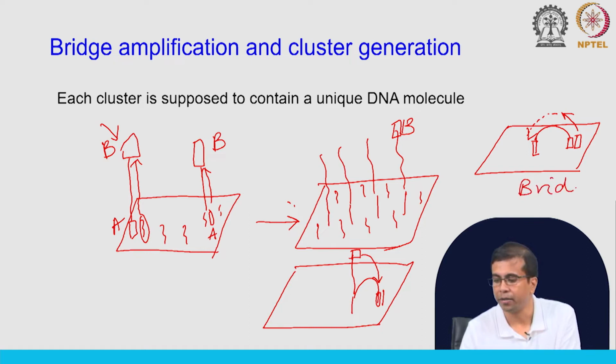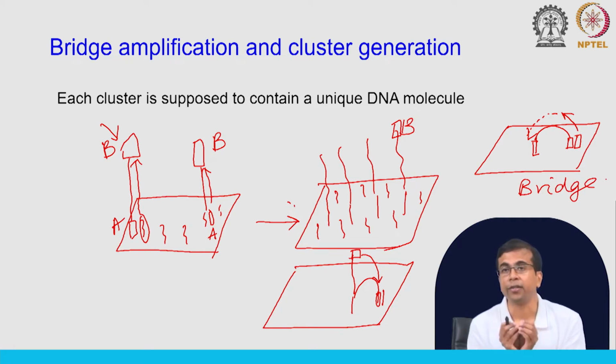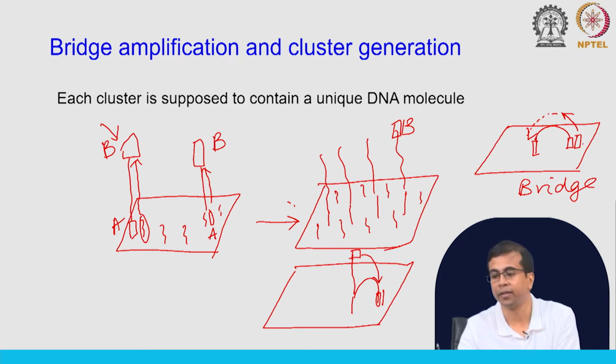Because you have this bridge-like structure, this is called the bridge amplification. The idea again is to generate multiple copies of the same clone. So, you can imagine now this happens, this is amplified.